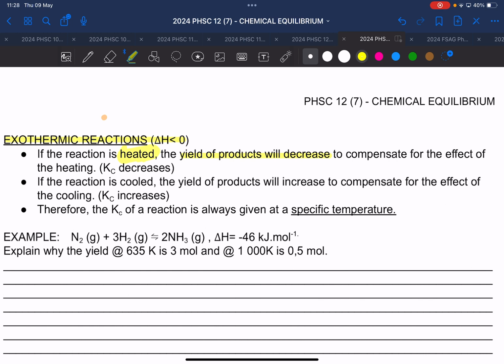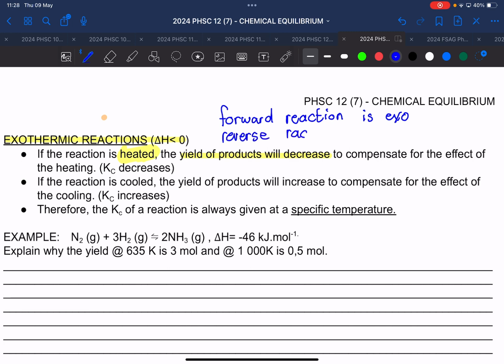Now they explain it not in terms of exo and endo, because we know now our forward reaction is exothermic. That means our reverse or backwards reaction is endothermic.